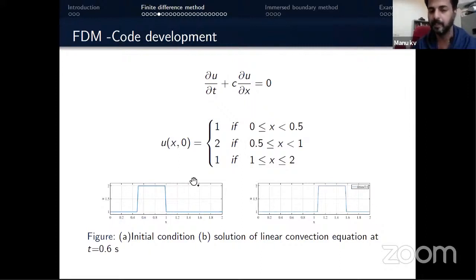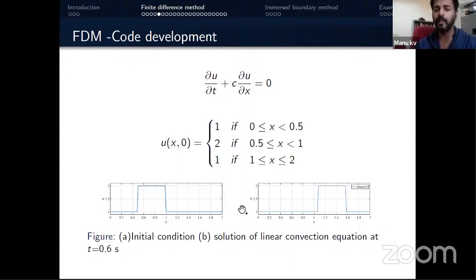You can see this is nothing but the one-dimensional form of a wave equation. As time propagates, this particular wave will move to a different location, depending upon the convective speed of that particular problem. It depends upon the value of c.